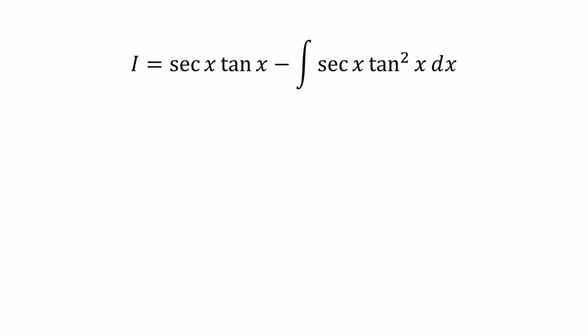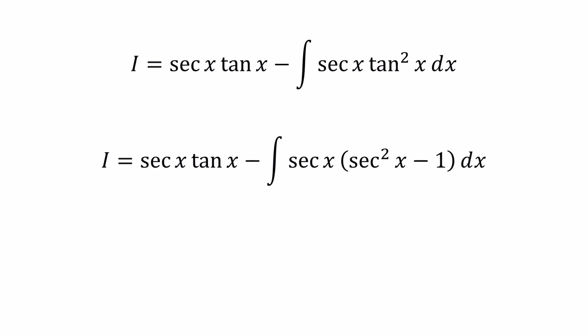Next, we use the Pythagorean identity to rewrite tangent squared of x. This gives I equals secant of x tangent of x minus the integral of secant of x times secant squared of x minus 1 dx.